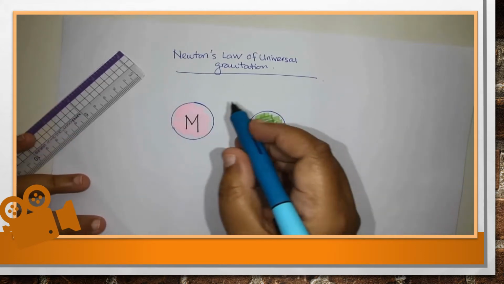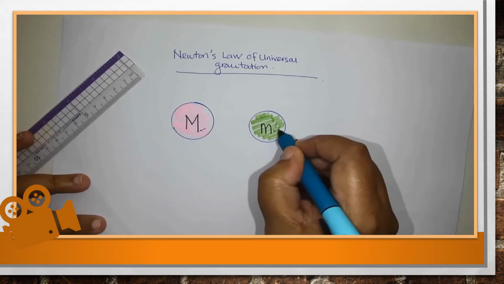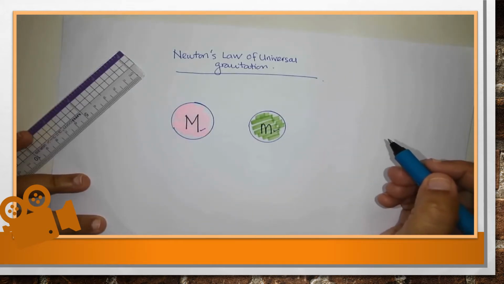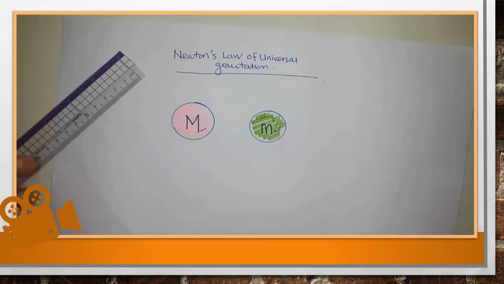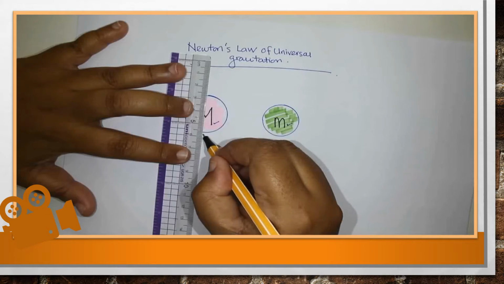So I have two particles here. One has mass capital M and one has mass small m, separated by a distance r.